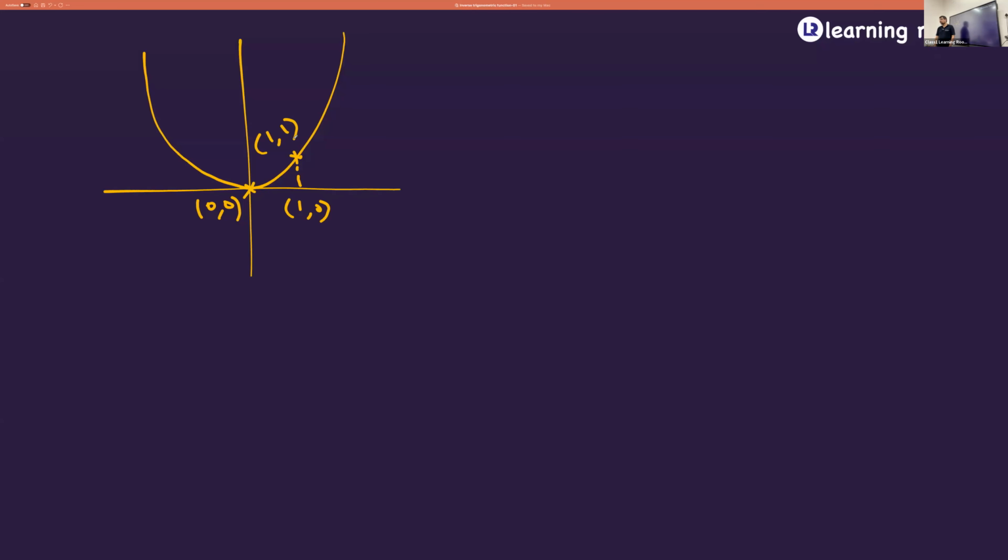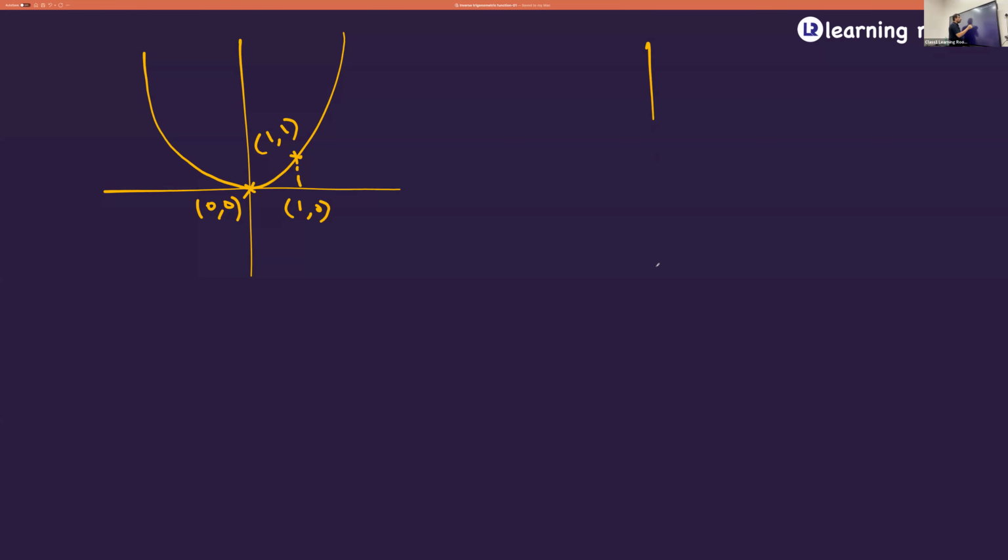Am I clear? If I ask you to draw a tangent, you can draw it any way you want. You can start from here, or start from the bottom, or directly place a tangent, just stick it there, all three will overlap. That is the meaning of differentiable at that point.